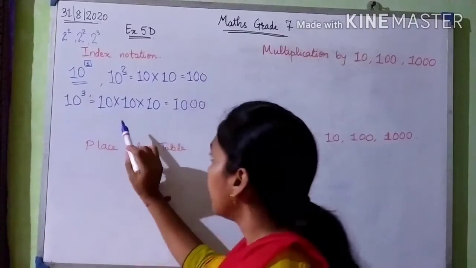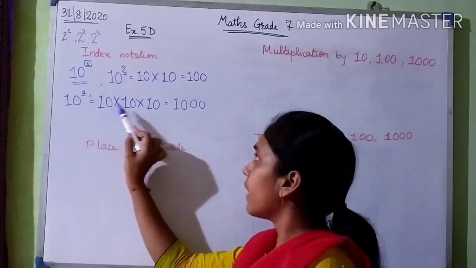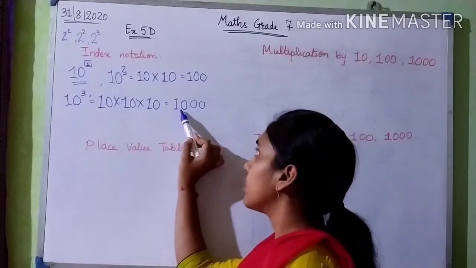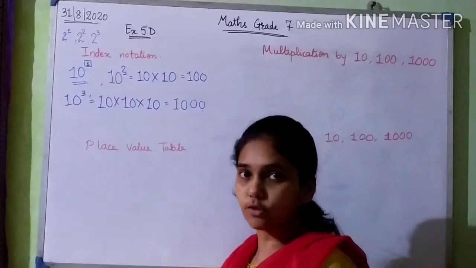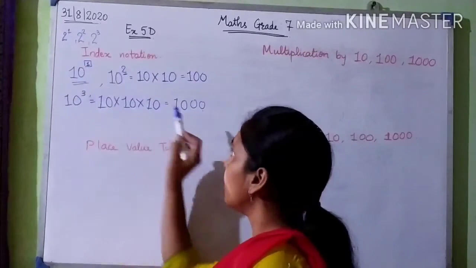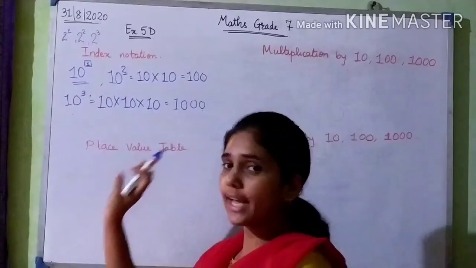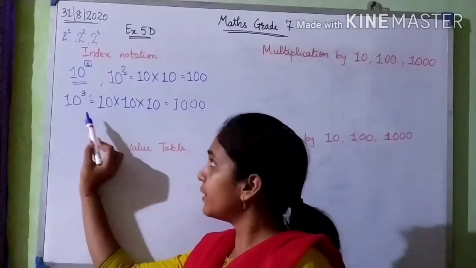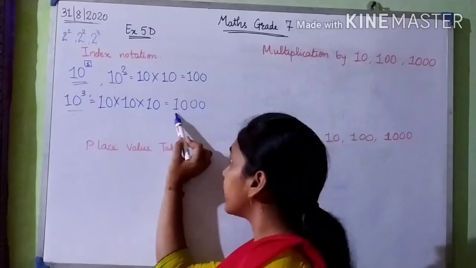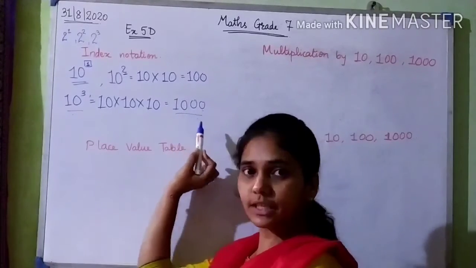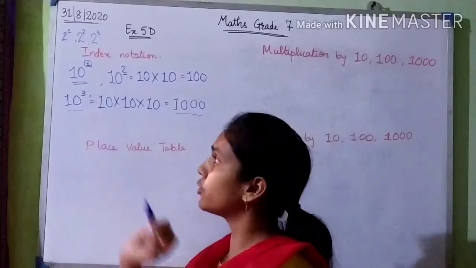Why? Because how many zeros are there? 1, 2, 3 zeros. So in 1000 there are 3 zeros. So 10 raised to 3 means 10 multiplied by itself 3 times. In this way we can write any given number: if it is written in this form, we can convert it to that form, and vice versa.